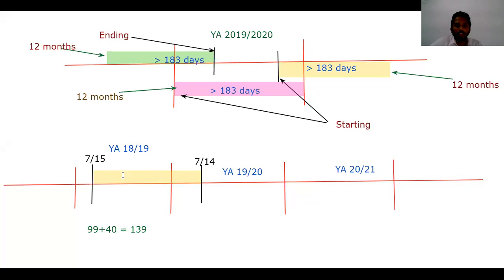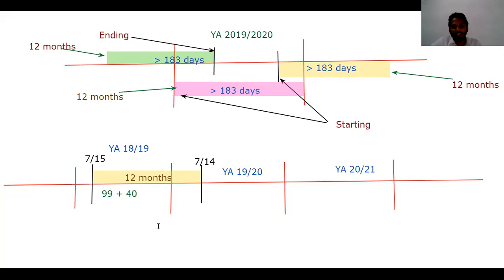In this 12-month period, we need to decide how long he will stay. Because we know that in this period, automatically we took the amounts, 99 and 40. We took as given, 99 and also we took 40.